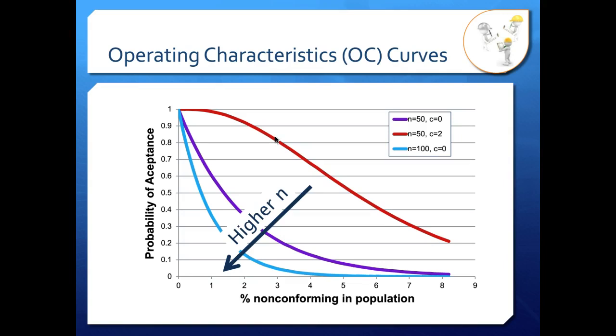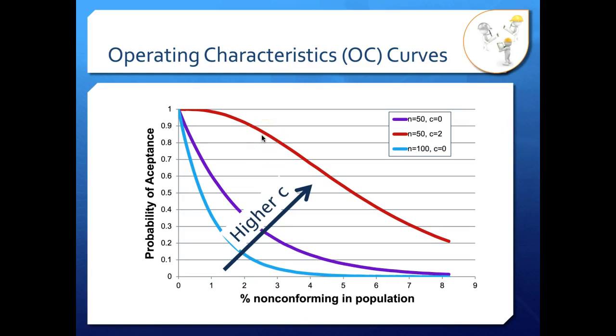If you have a higher acceptance criteria, so you are more lenient about how many nonconformities you can have in your sample, your probability of acceptance goes up because you can have more nonconformities and still say, yes, my population is okay. So remember those two general rules.